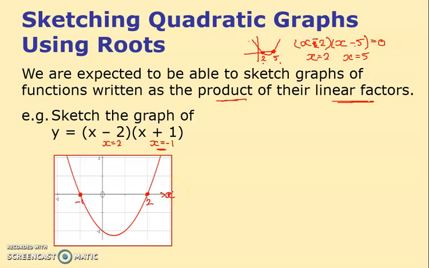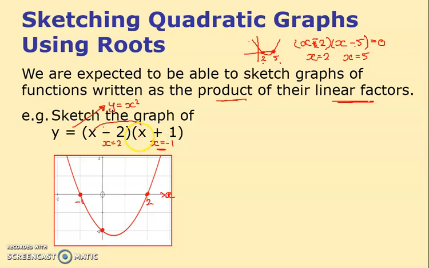So far so good. Now I also want to know where it crosses the y-axis. And you'll notice on my graph it actually crosses at minus 2. I know that because in reality you probably got told in the line before what the original function was, but we can work it out anyway. So x times x is x squared. x times 1 is 1x.